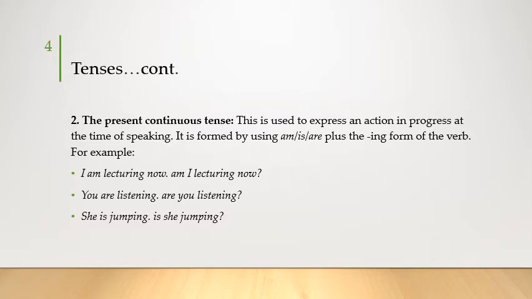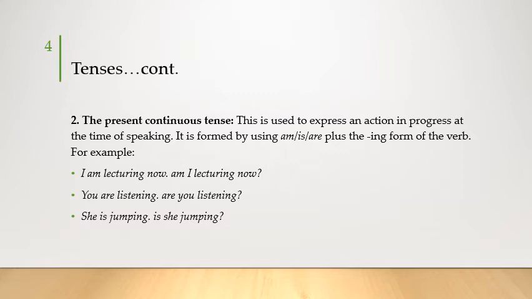Number two, apart from present simple tense, we have the present continuous tense. This is used to express an action in progress at the time of speaking. It is formed by using am, is, are, plus the ing form of the verb.